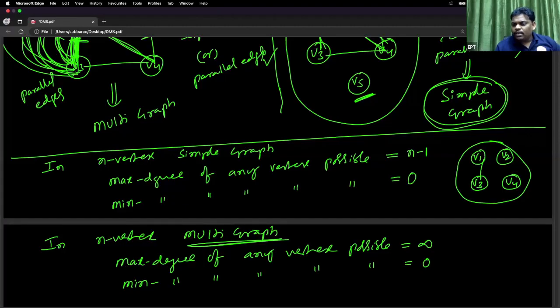Graph definition: combination of vertices and edges, or not? Of course. Are they connected or not? Who cares? Sir, between V1 and V2 there is no edge. Who cares? Between V1, V2 and V3, no edge. Who cares? But what is the definition? Combination of vertices and edges. It is a graph.